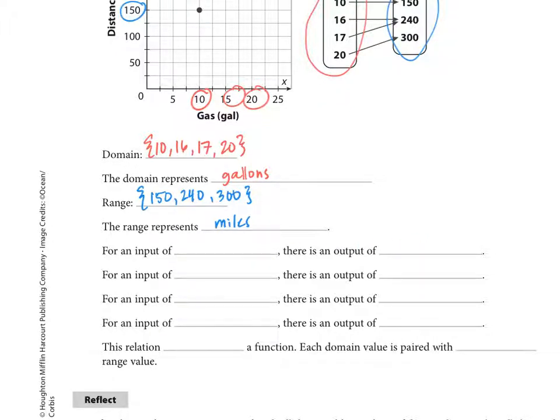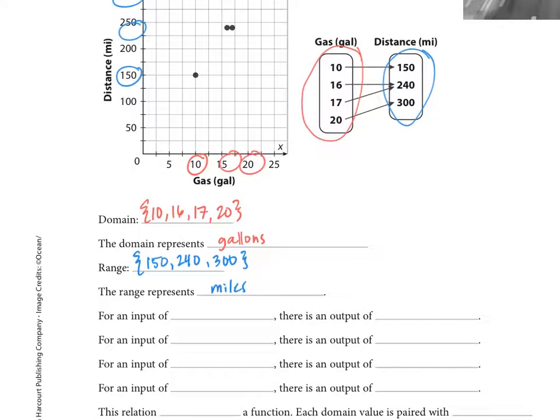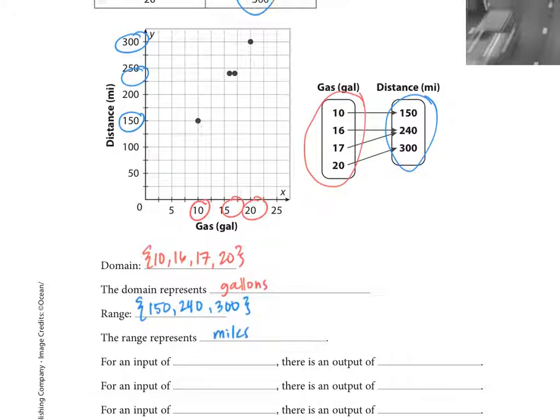So let's take a look at if this is a function or not. So remember that each input value has only one output value. So let's take a look at this. I'm going to look at the mapping diagram. You can certainly look at any of the other representations, but you look at 10. How many output values does 10 have? Well, I just look at the arrows. So it has only one right there. 16 has only one.